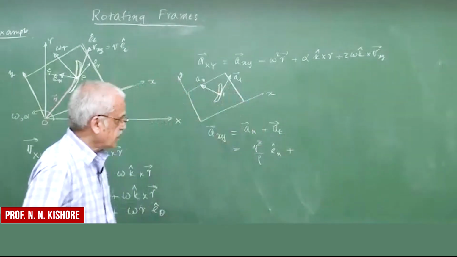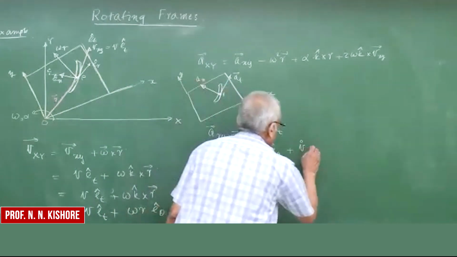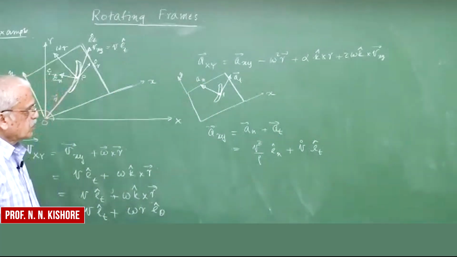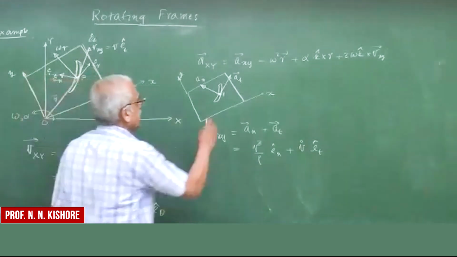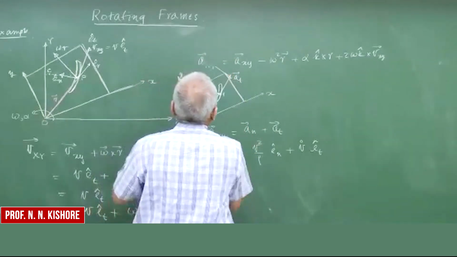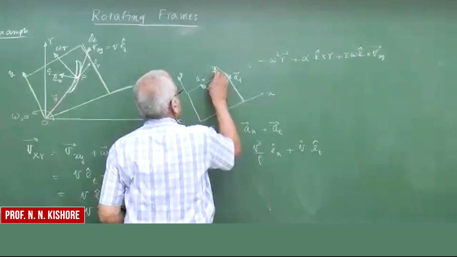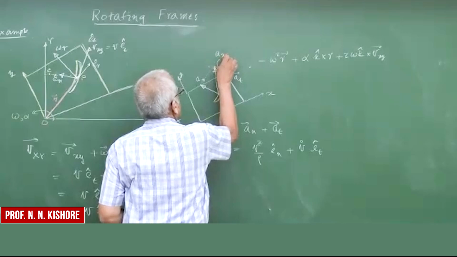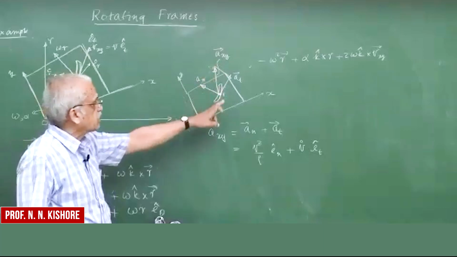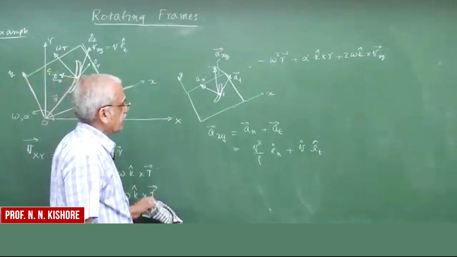And what is a_t? The a_t is v dot times e_t. So the small xy has two components, a_n and a_t.